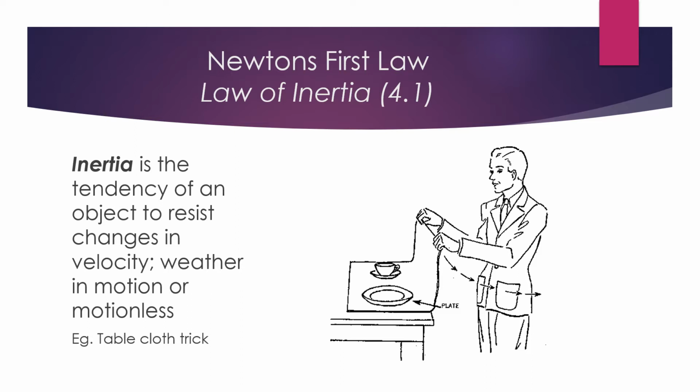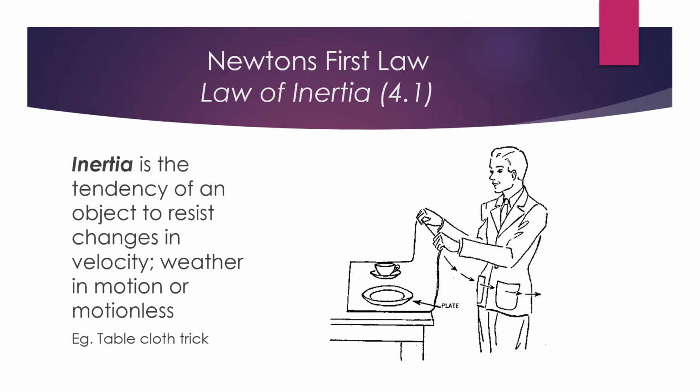So for the tablecloth trick, what we have is dishes and silverware on a tablecloth. And what are those dishes and silverware doing? Nothing, right? They're motionless. They're not moving. So they have a certain amount of inertia, a tendency to resist any change. Since they're motionless, they don't want to move.